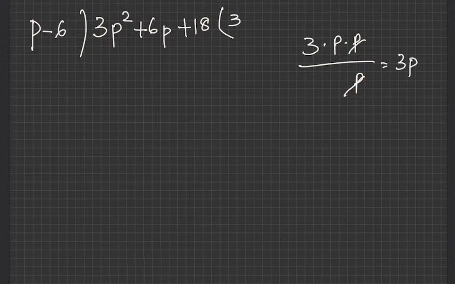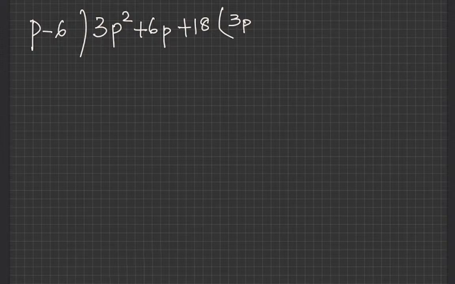So this is my quotient. So when I multiply 3p by p minus 6, I get 3p times p is 3p squared, and then negative 12, no, 18p, right?